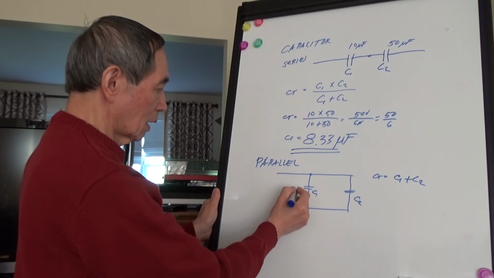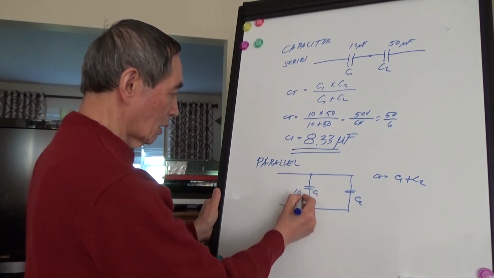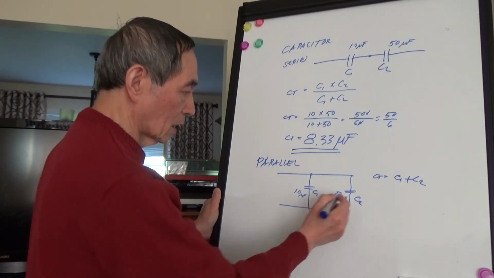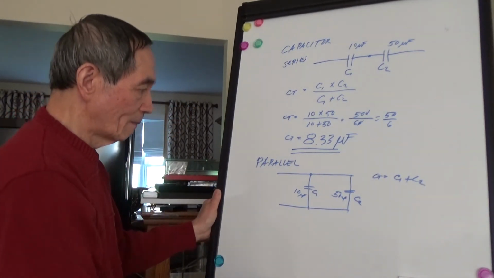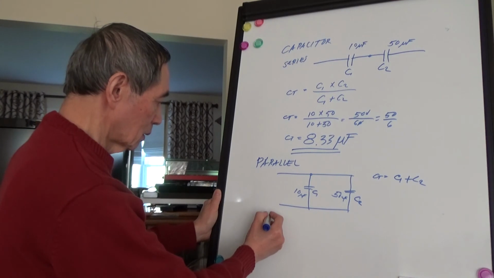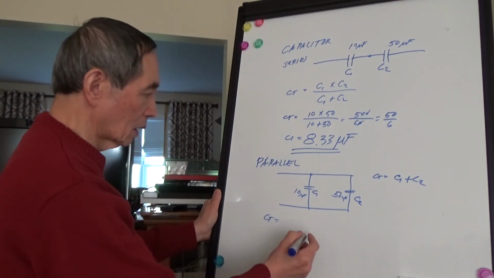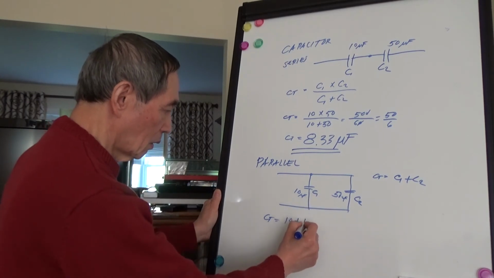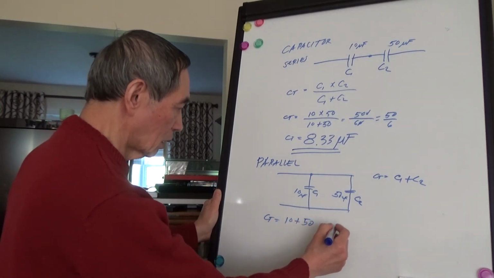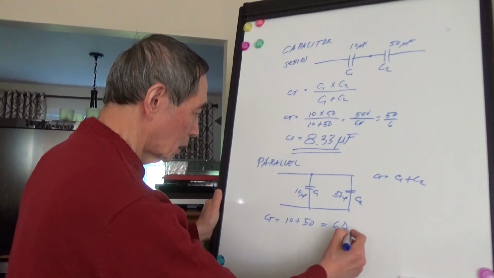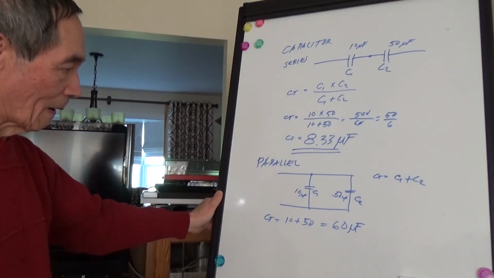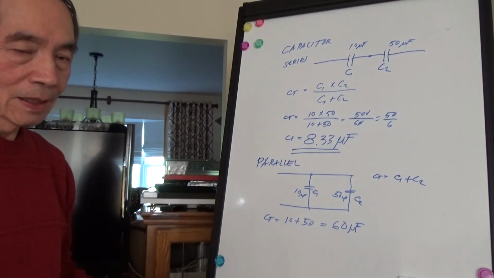Say, for example, we have a 10 microfarad and a 50 microfarad capacitor. Your C total is equal to 10 plus 50, equal to 60 microfarad. Okay, it's just like a resistor.